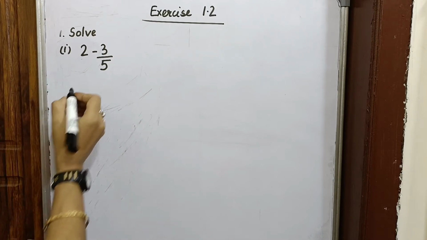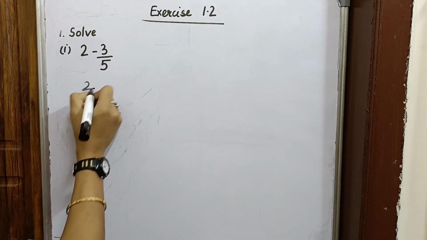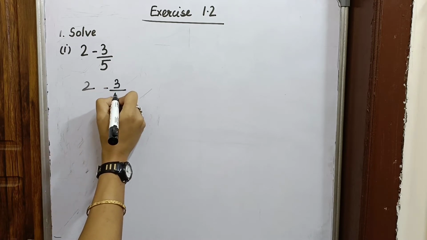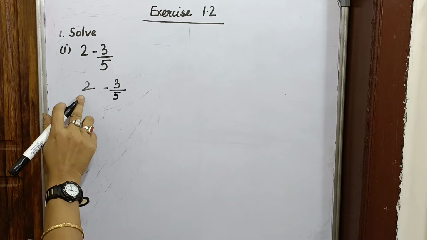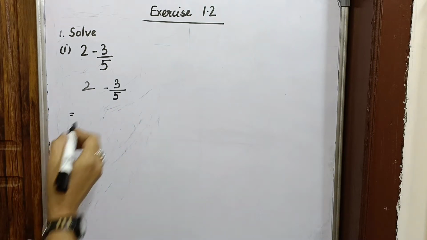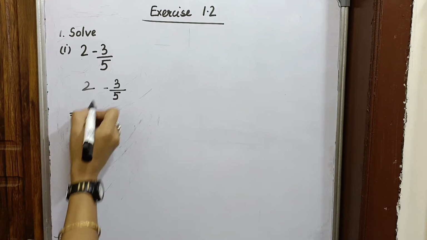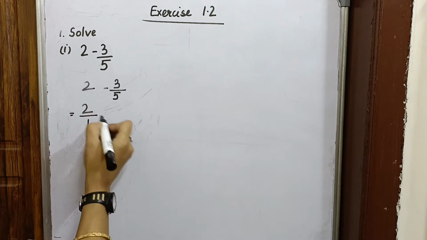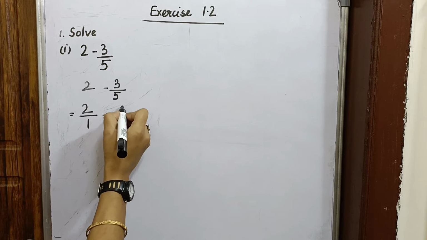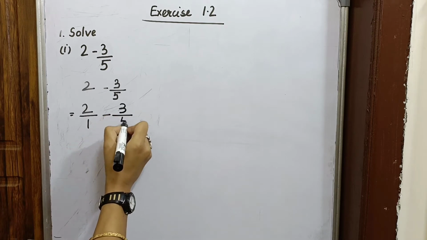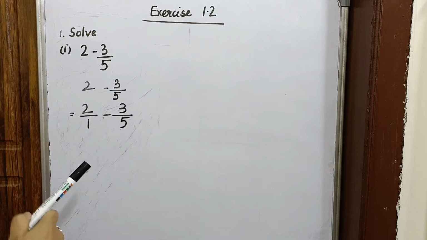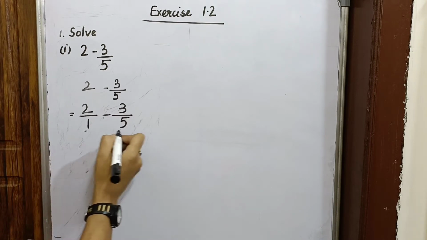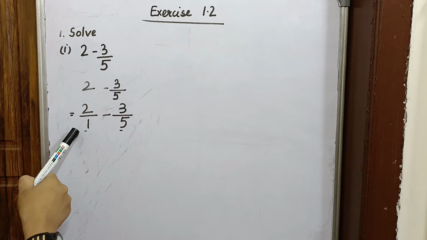So what you have to do is write in the next line 2 minus 3 by 5. It has to be a fraction to subtract. There is nothing below 2, so you will write 2 by 1, which is the same as 2. To subtract or add two fractions, the denominator has to be the same.